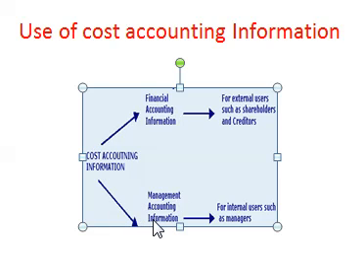In management accounting, we use cost accounting information in various decisions that we make. The information from management accounting is used by internal users, whereas the information from financial accounting is used by both internal and external users.